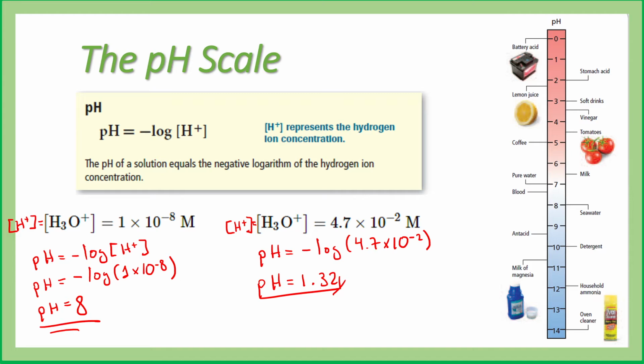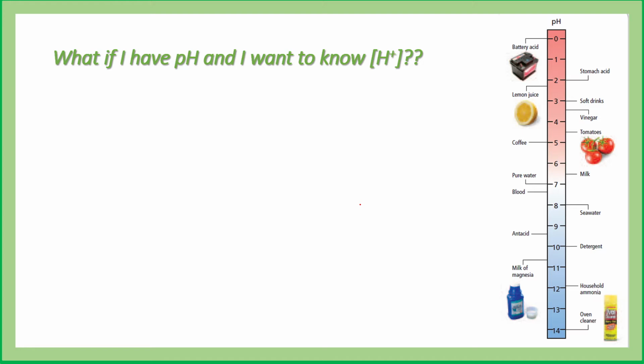Okay, so that's how you calculate pH. Remember, it is equal to the negative logarithm of the hydrogen ion concentration. But what happens if you have the pH and you want to know the hydrogen ion concentration?